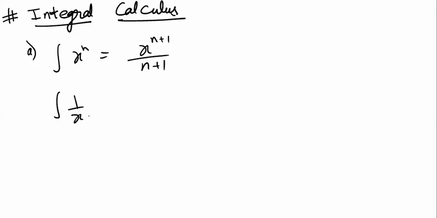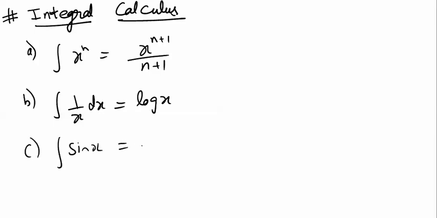Integration of 1 by x dx would be log x. Sin x integration will become minus cos x. Integration of cos x will become plus sin x, sorry. So this is how we can always derive. These are just the opposite of the formulas which we have for differentiation, right?